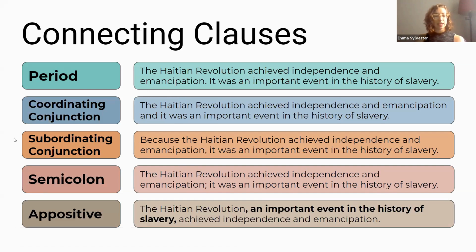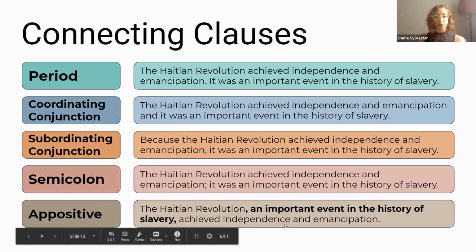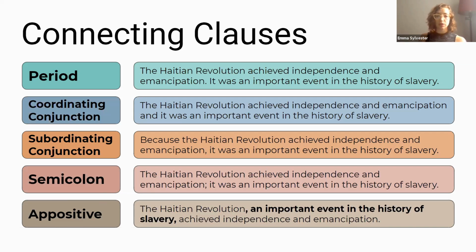And the last idea that we have presented here to connect clauses is an appositive. So an appositive includes some additional information within the sentence, and we surround that by commas. The Haitian Revolution, an important event in the history of slavery, achieved independence and emancipation. This is also quite nice. Using appositives is a really great way to provide alternative sentence structure and to create a flow within your writing.